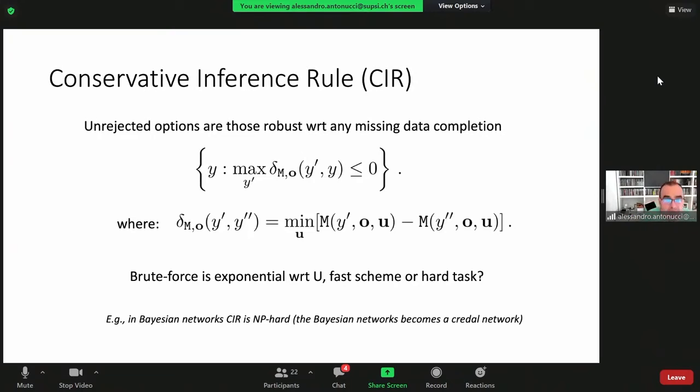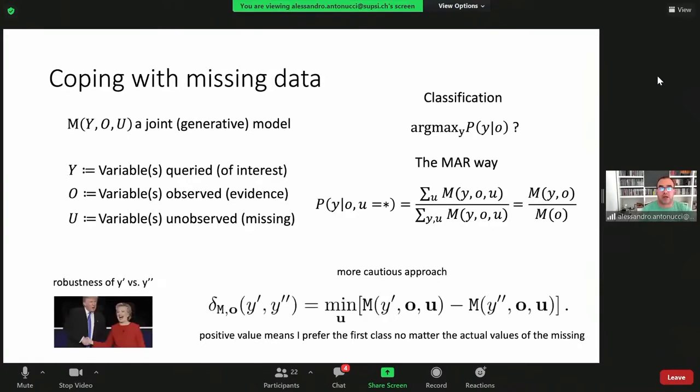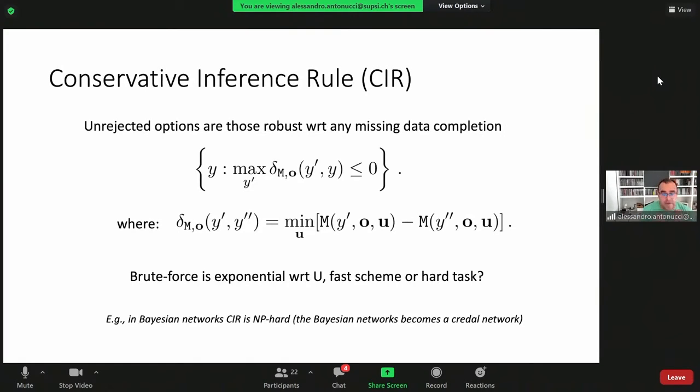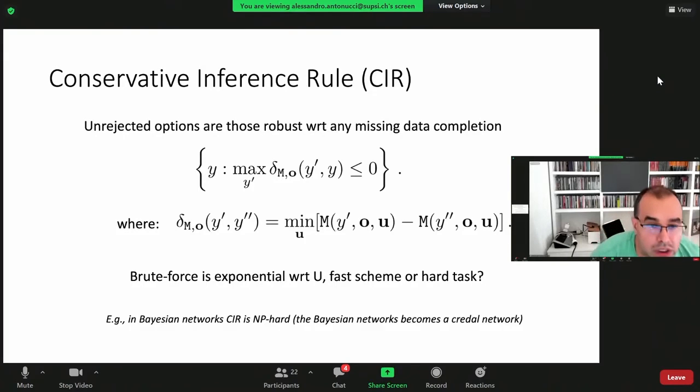So they are the classes Y such that there is no Y prime which is dominating, being conservative with respect to the values of the unobserved variables. This is the most conservative approach to the treatment of missing data. And we want to check this kind of dominance. To achieve that, we need a good scheme to compute this delta function.